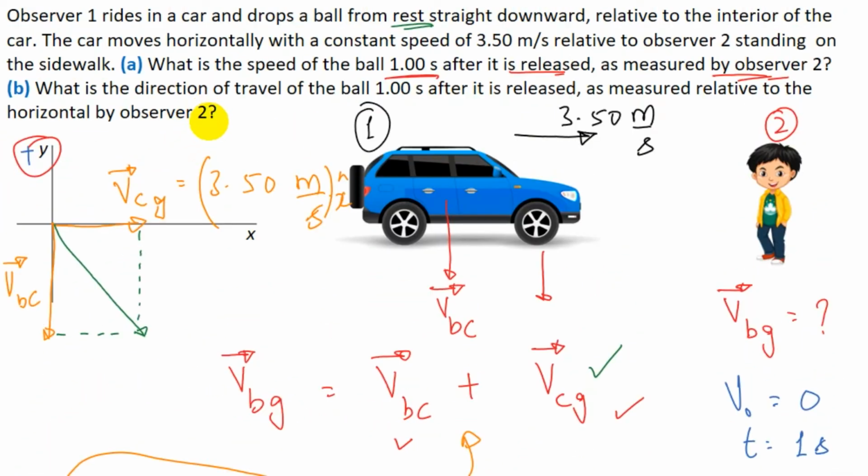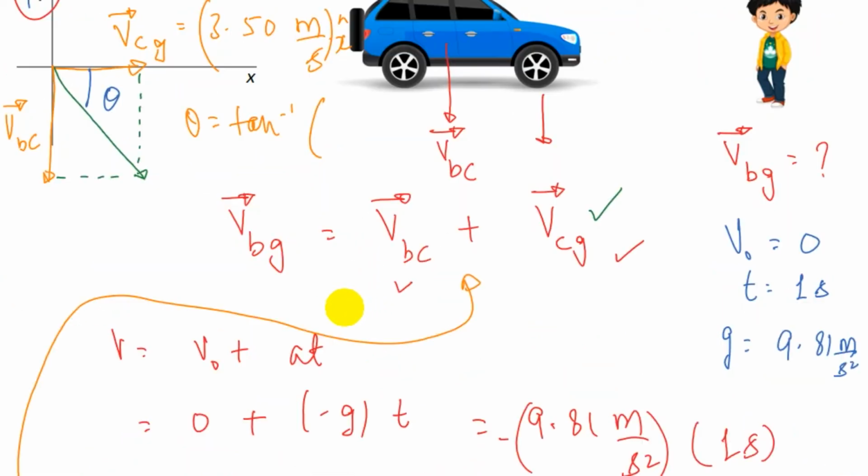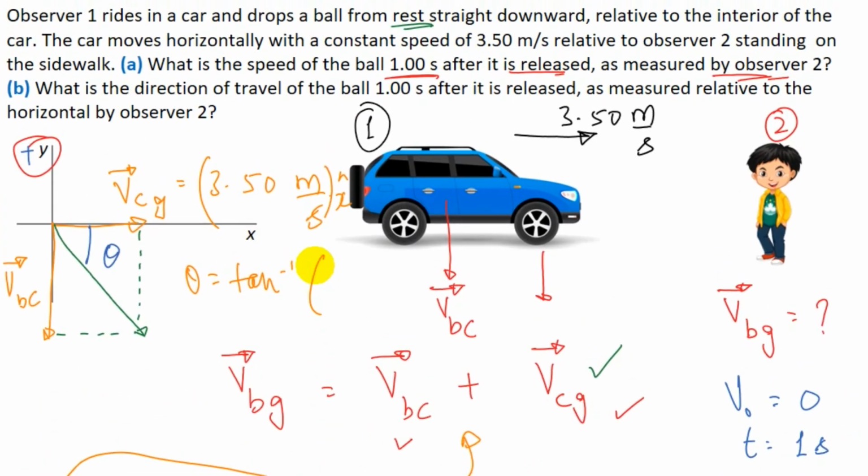Now in the B part, we need to find the direction of travel of the ball 1 second after it is released. So basically we have to find this angle theta. It's pretty simple. Theta equals tangent inverse of the y component over the x component, so minus 9.81 divided by 3.50.